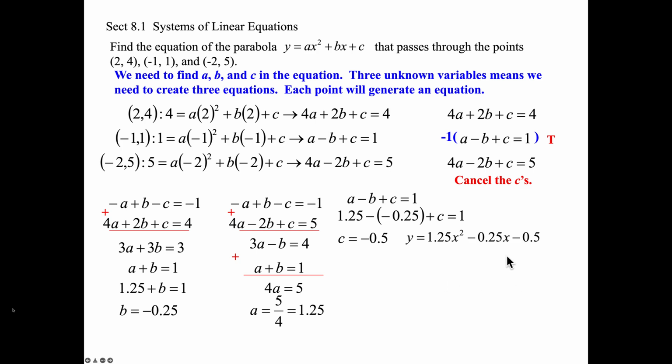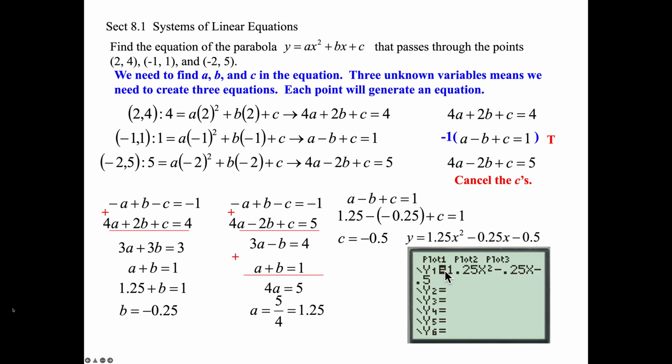So to make sure that this is right, because I came up with some crazy fractions or decimal answers, I type this into y equals. Then I'm going to go to my second graph. I'm going to go look at the table. And I'm going to look down my points, find my smallest x coordinate, which was -2.